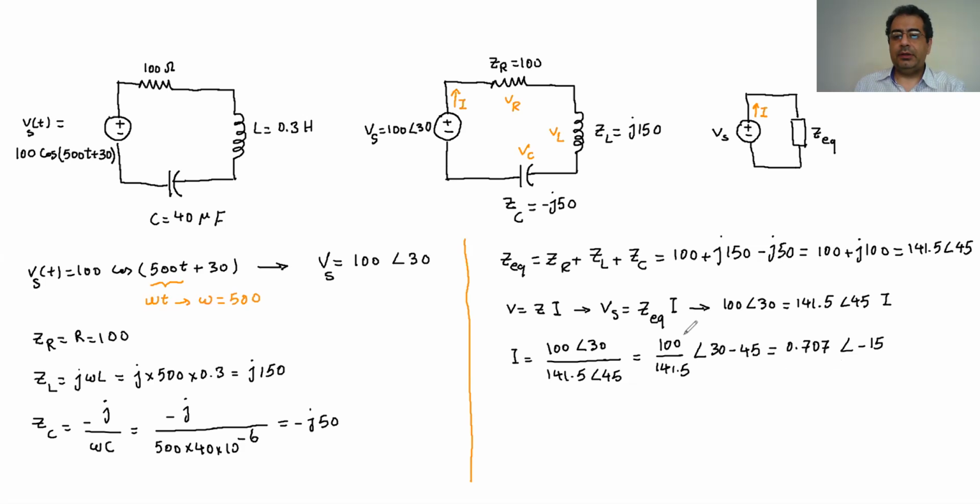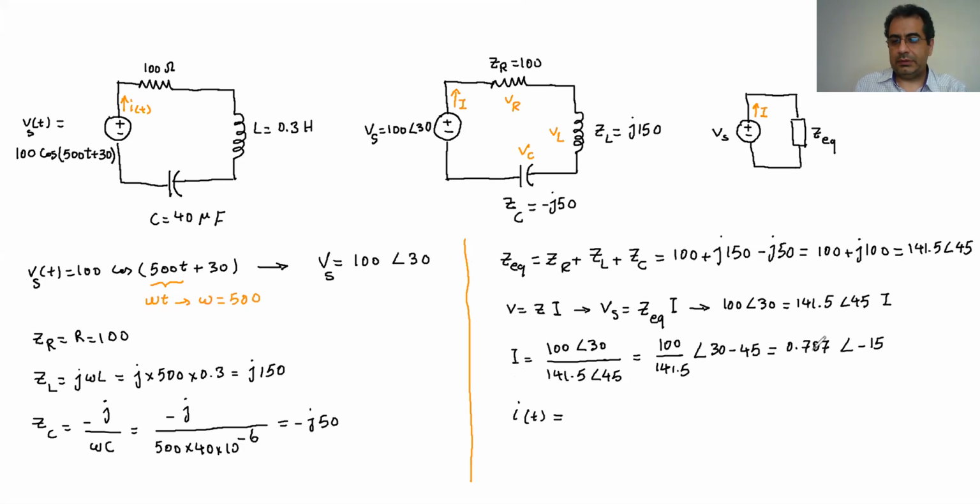Now I can convert this back to sinusoidal form. So if this is the I, I can say the I in t. So I can convert it from the phasor to the time domain.